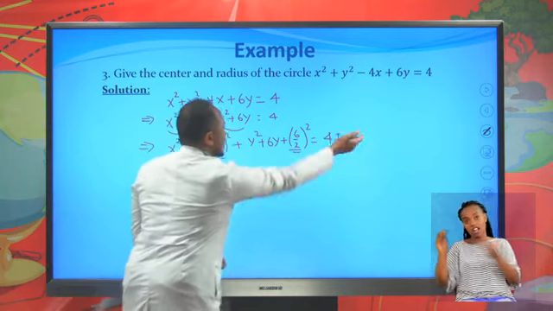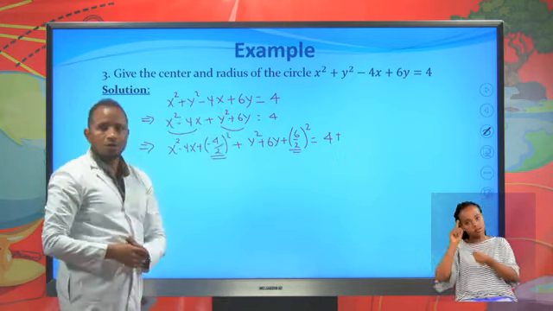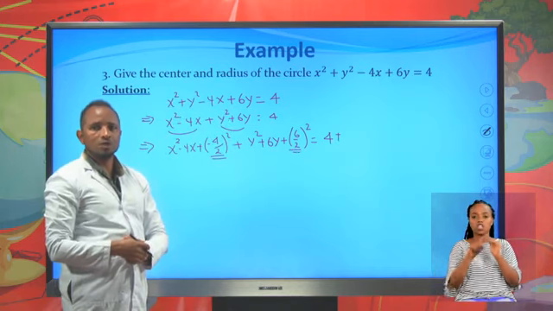These two values must be added to the other side so that the equation will not be changed.